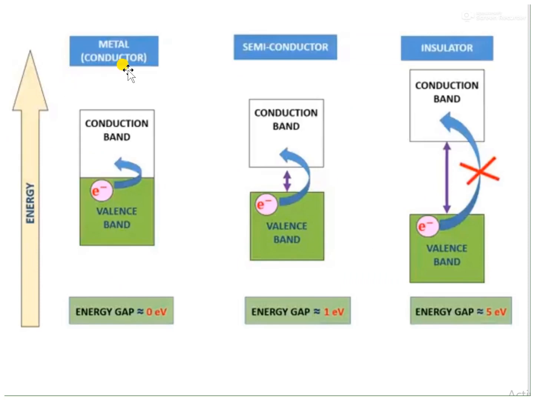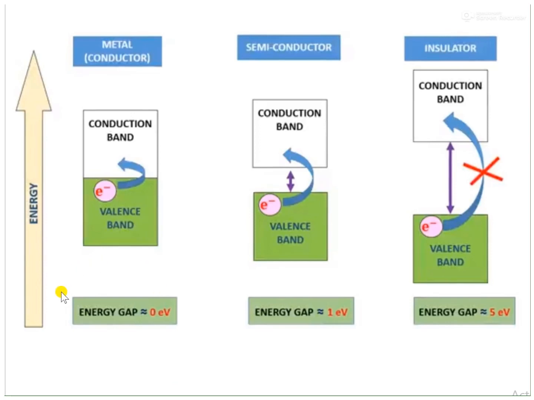So for metal conductors, semiconductors, and insulators, the energy bands could be like this. This is the increasing order of energy. In the case of metal conductors, you can see here this is the valence band and this is the conduction band, and there is no energy gap between the valence band and the conduction band.